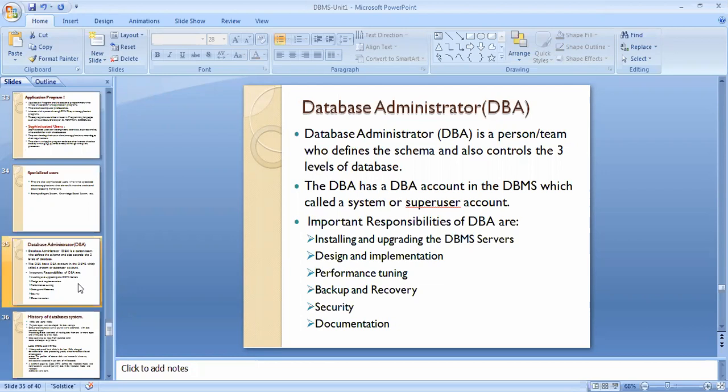The DBA has a DBA account in the DBMS, which is called a system or superuser account. Some important responsibilities of DBAs are installing and upgrading the DBMS server.